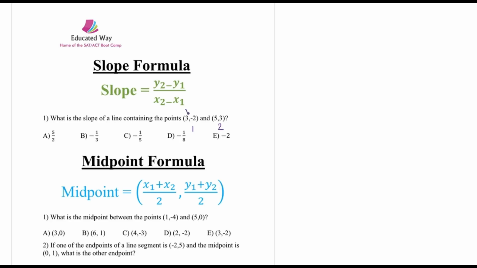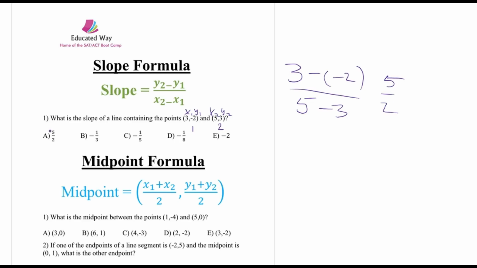So this would be x1, y1, x2, y2. Doing the formula, it's y2 minus y1 over x2 minus x1. Remember, minus a negative is the same as plus. It would be 5 over 2.